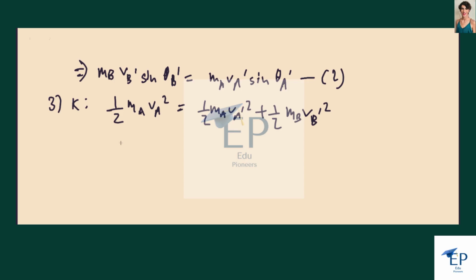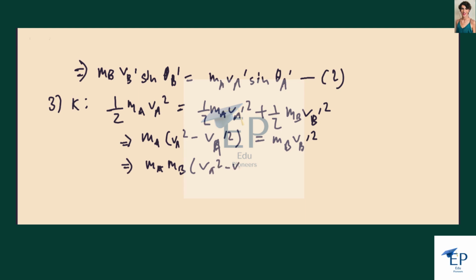And so what you get from here is that MA times (VA squared minus VA prime squared) is equal to MB VB prime squared. And we're going to multiply both sides by MB. So MAMB times (VA squared minus VA prime squared) is equal to MB squared VB prime squared. And that's our equation 3.